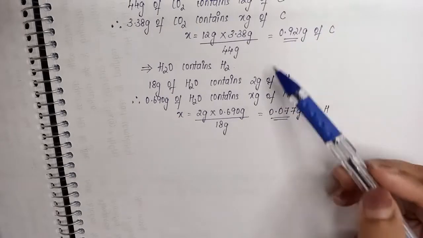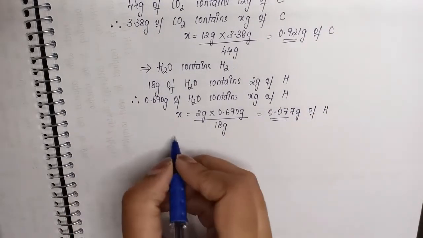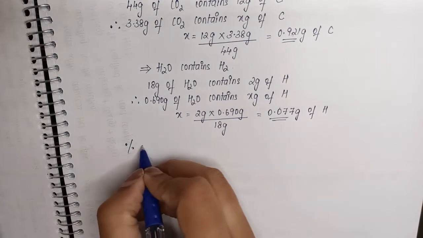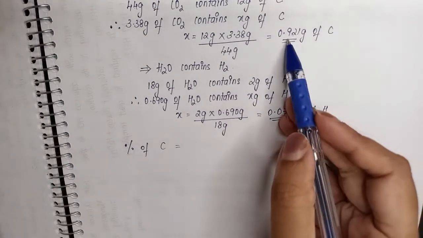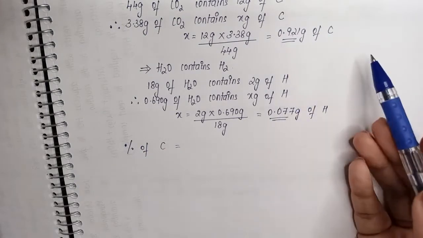So now we have these values. Let's use them to calculate the percentage. So to find the percentage in the fuel gas, we will write percentage of carbon is equal to this value divided by the total value of this into 100.